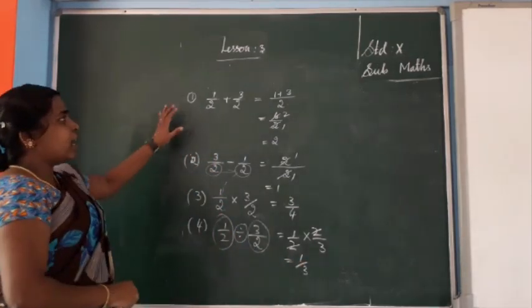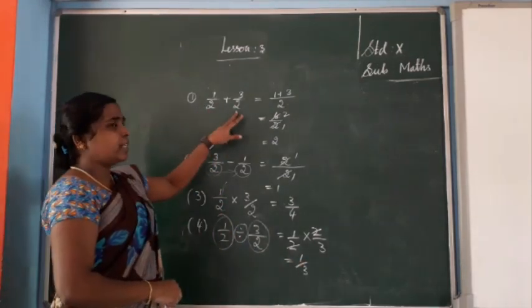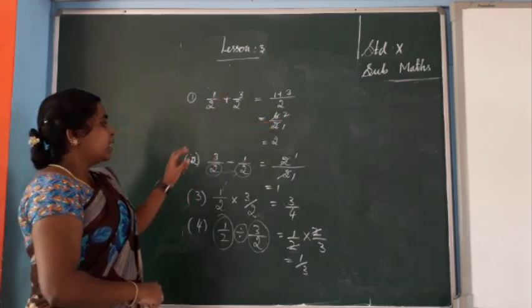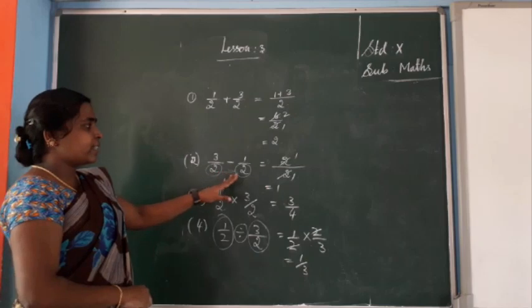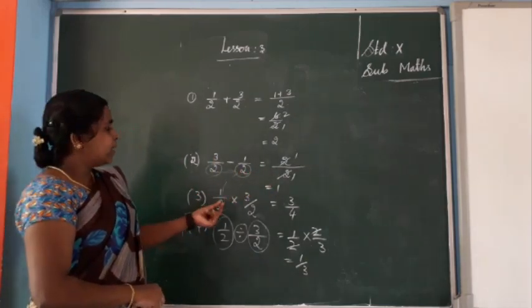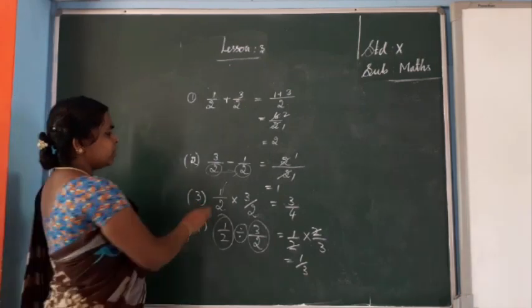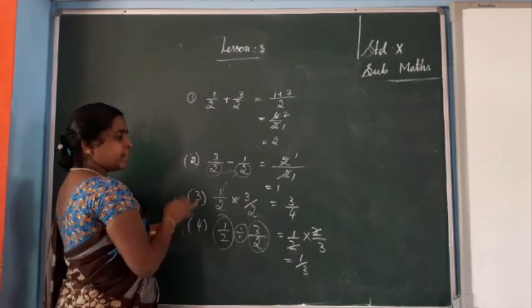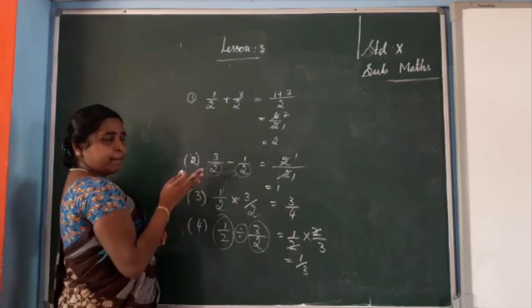See the difference? In addition, if the denominator is the same, you write it once, then you add the numerators. In subtraction also, if the denominator is the same, you write it once, then you subtract the numerators. Multiplication means you just multiply the numerators. Here there is no need to take the LCM.